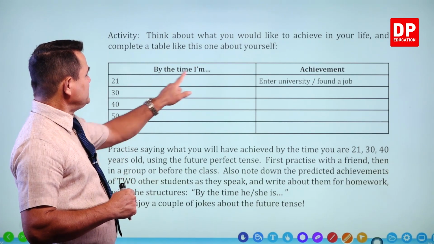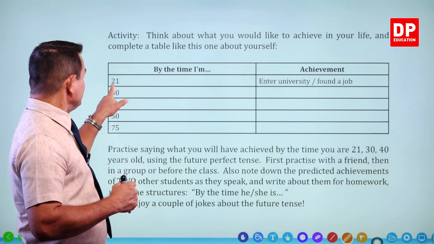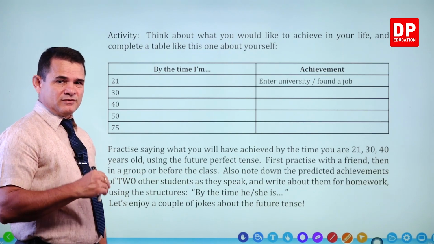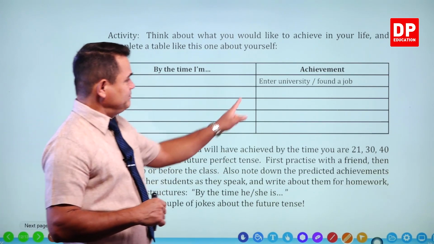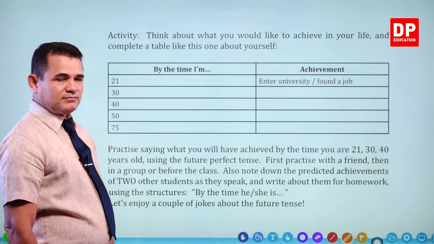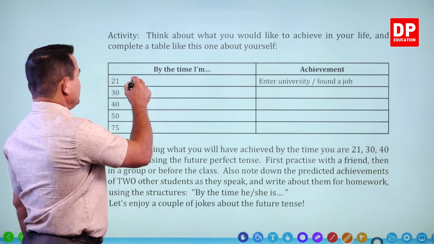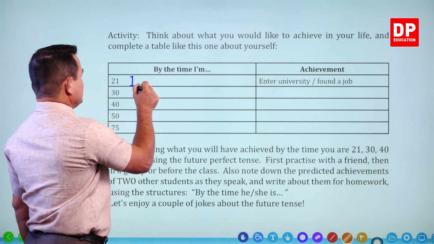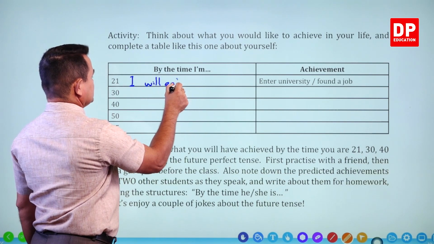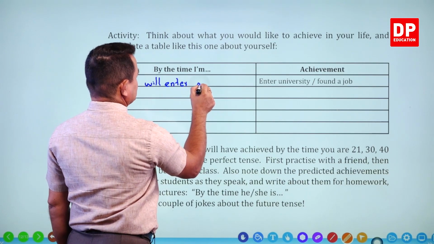Example: by the time I am 21, what will have happened? Enter university, find a job. Then by the time I am 21, you can simply say, I will enter a university.